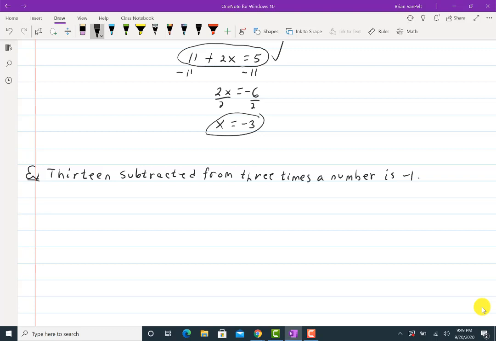So this one, you probably won't make a mistake here because it says 13 subtracted from. So you know that this is going to be minus 13. We have the equals negative 1. That's easy enough.